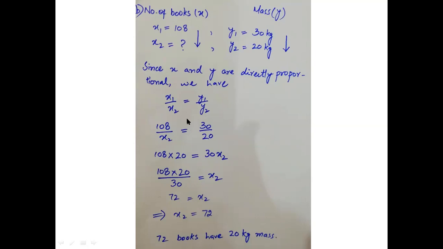Now by cross multiplication we have 108 multiplied by 20 is equal to 30 multiplied by x2. x2 is unknown, 30 is multiplying on the right side, on the left side it will divide. So the value of x2 comes out to be 72. 72 is the number of books corresponding to the mass 20 kg. So from here we come to know that 72 books have 20 kg mass.